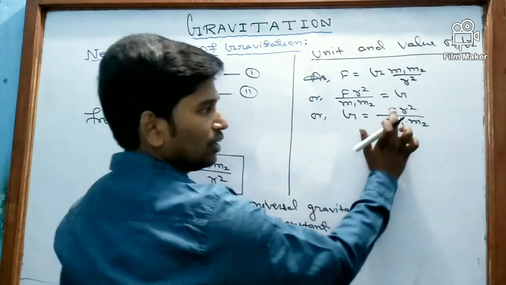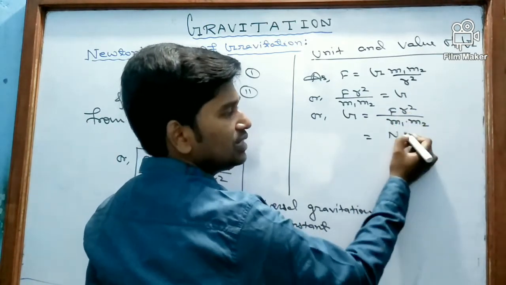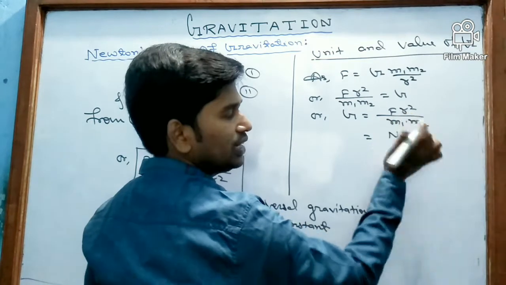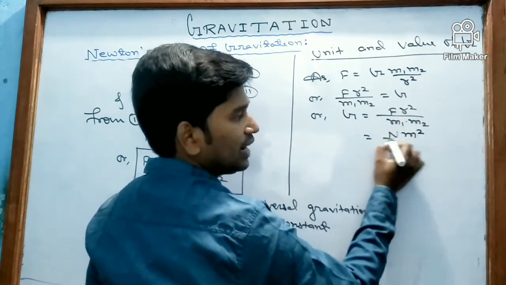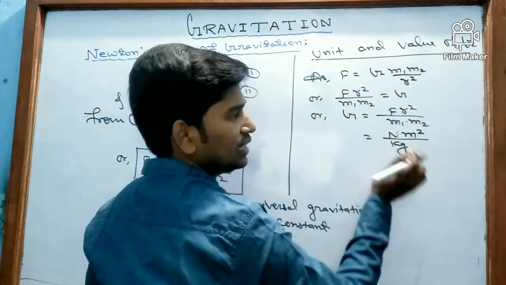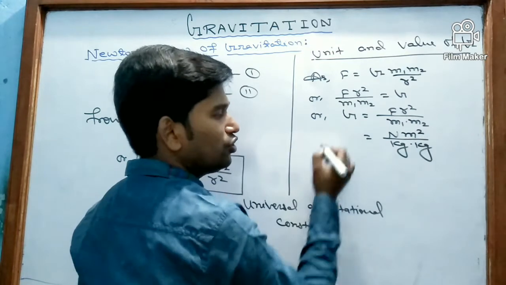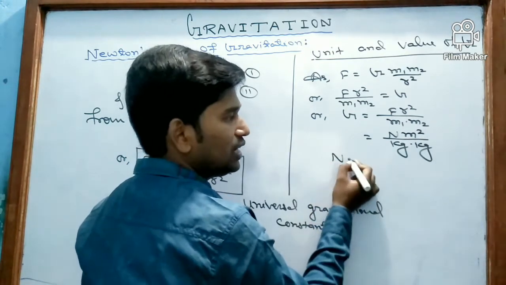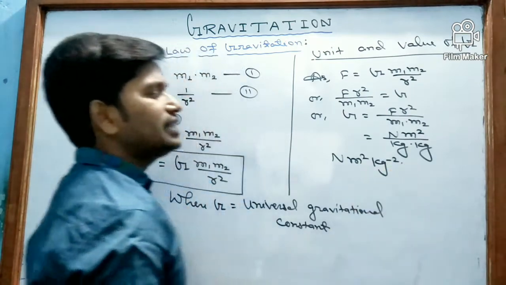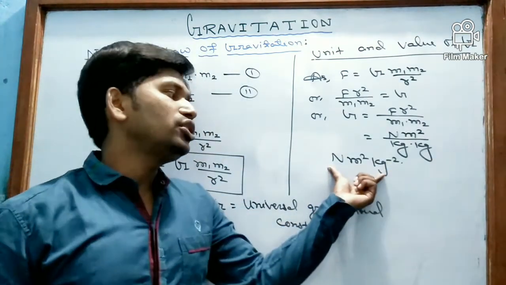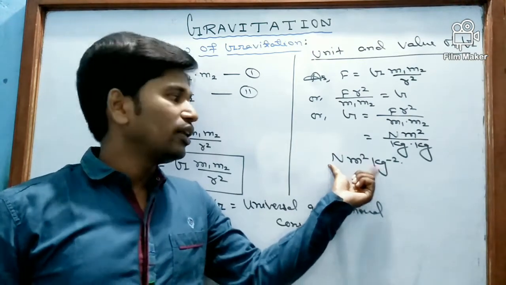Force is measured in Newton, distance is measured in meter, so r square, and mass is measured in kg. So the SI unit of G is Newton meter square per kg square.